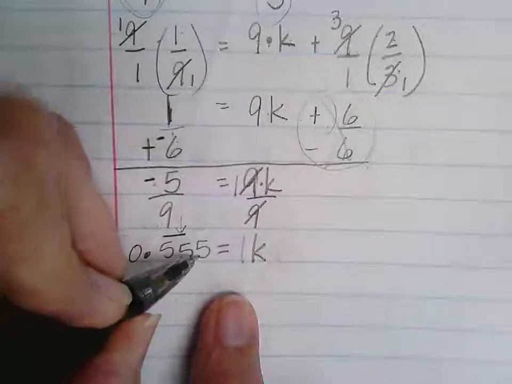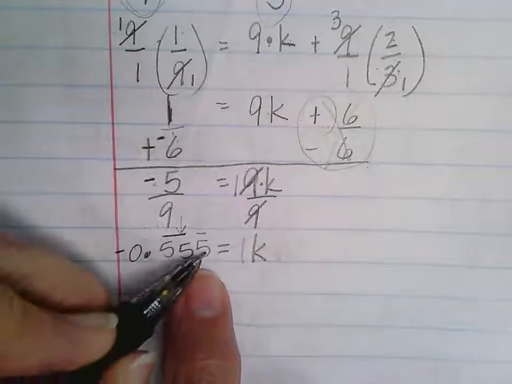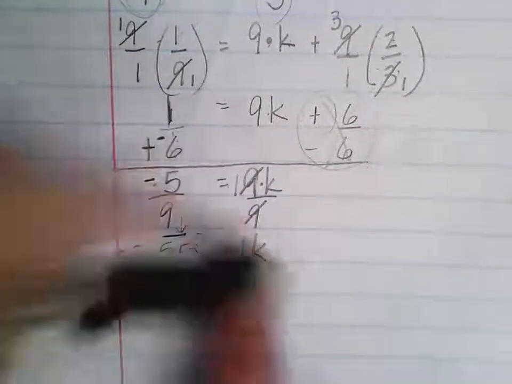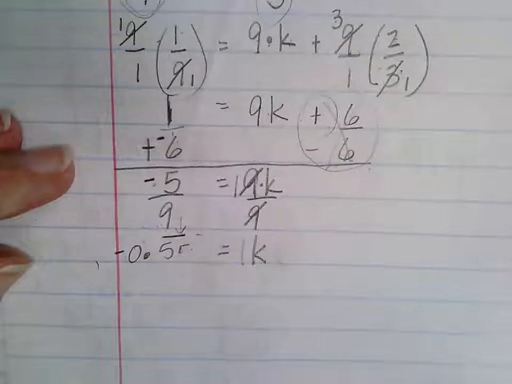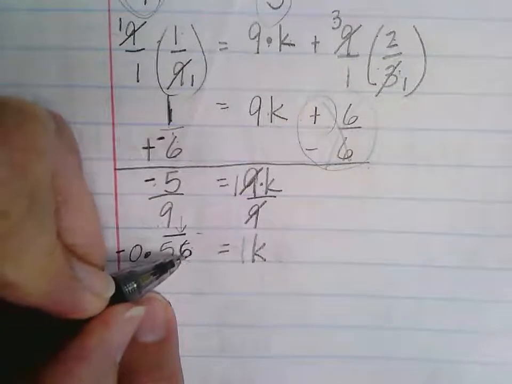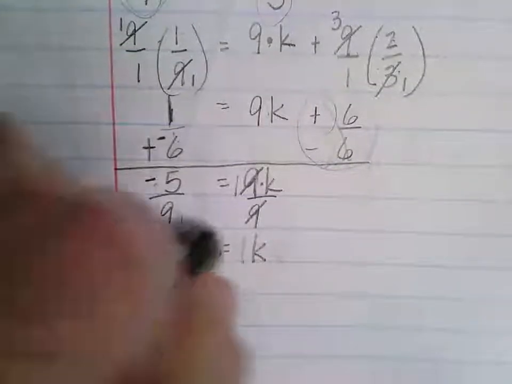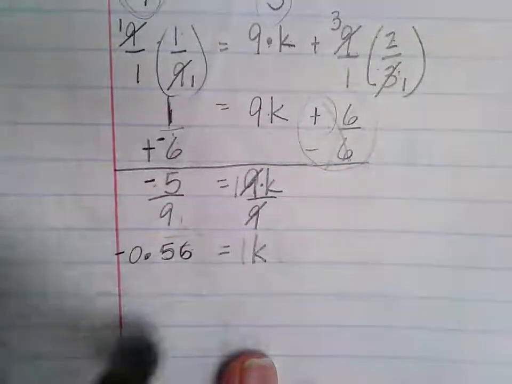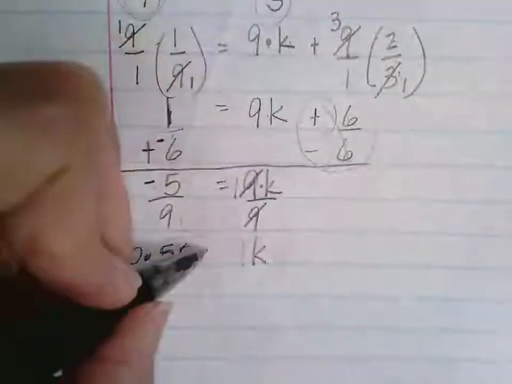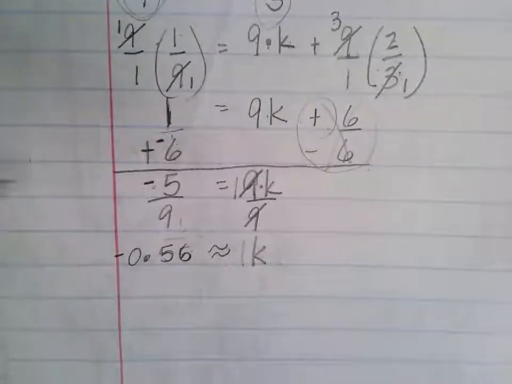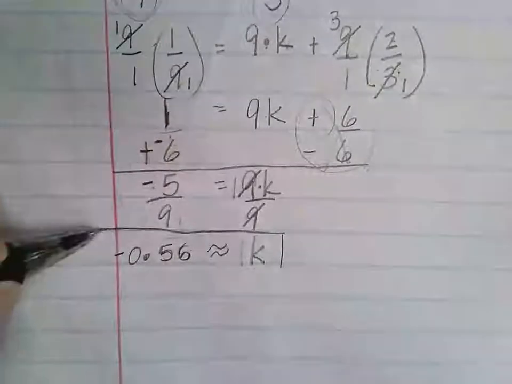Actually, that's incorrect. If I have a 5 here, I should round this to a 6. So this is going to be represented as 0 and 56/100ths without the bar, because I rounded it. And so again, I should use this wiggly equals sign, because I rounded this. So here's my answer for 5.